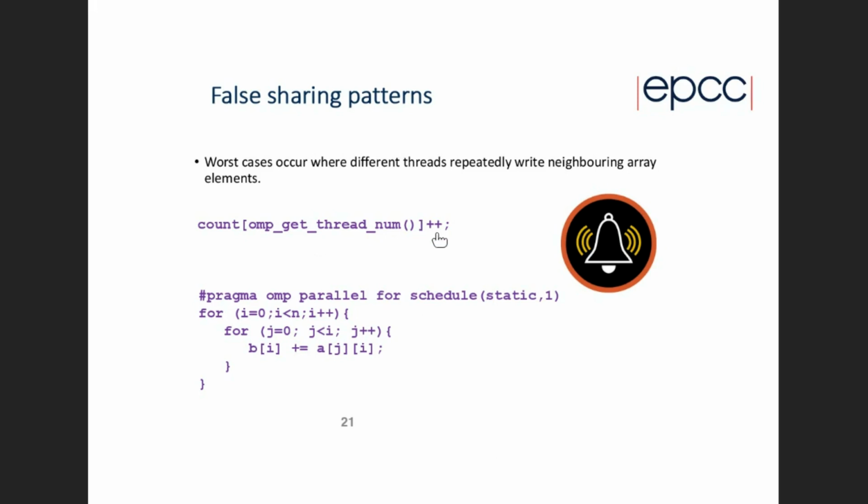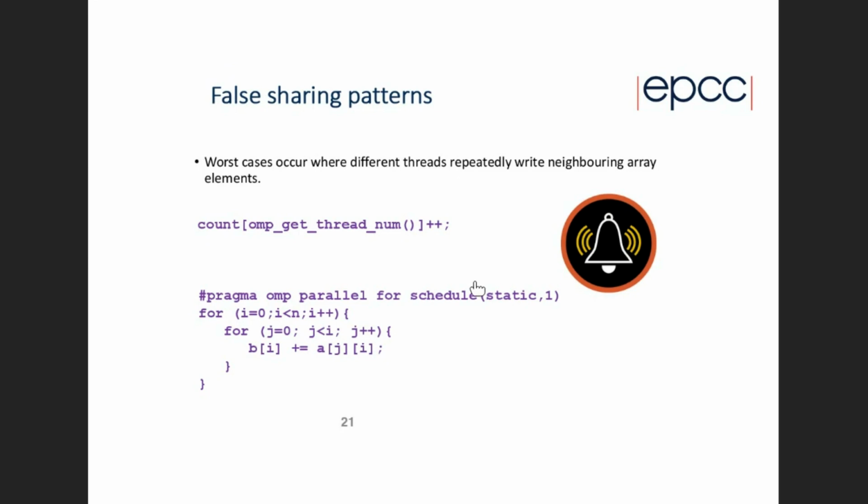Every time something happens, I increment that element of the array. That pattern can cause false sharing because you have neighboring threads writing neighboring addresses in memory, which are going to be stored in the same cache block.